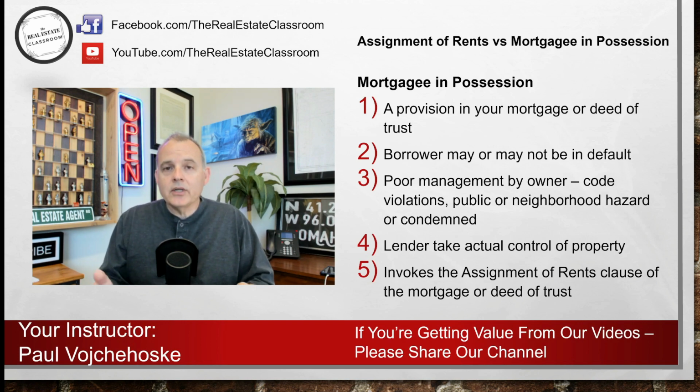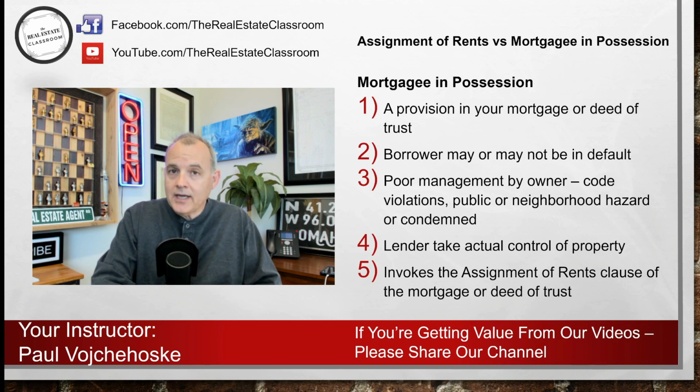And because of that, if it gets bad enough, the lender can say, you're not doing your job as agreed to in our contract. Therefore, we're going to physically take over control of that property, meaning the borrower is no longer in control of that property. They have nothing to do with that property.